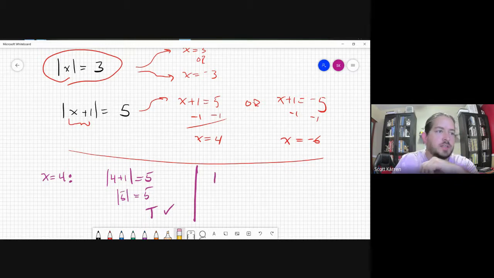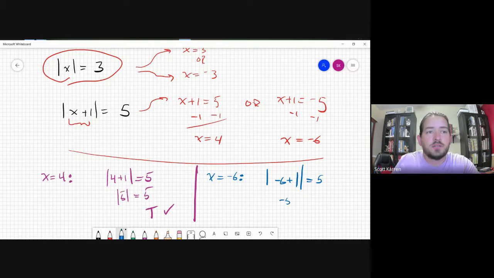If I want to check x is -6, then I plug -6 in there. So the absolute value of -6 plus 1 should be equal to 5. -6 plus 1 is -5, and the absolute value of that is 5. So that's true as well. So that's our 2 solutions. We verified them. They work.